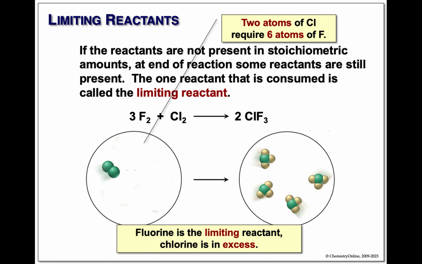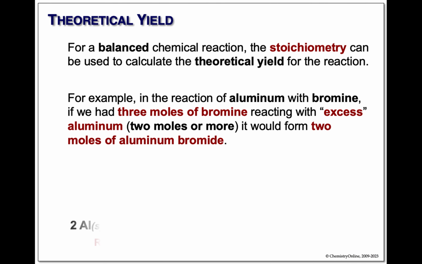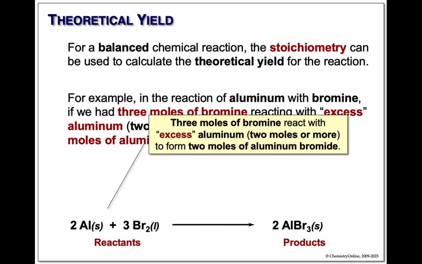All right, the last part of this chapter is on yields. We said when we define the stoichiometry of the reaction, we define the theoretical yield. According to our equation, 3 moles of bromine react with excess aluminum.